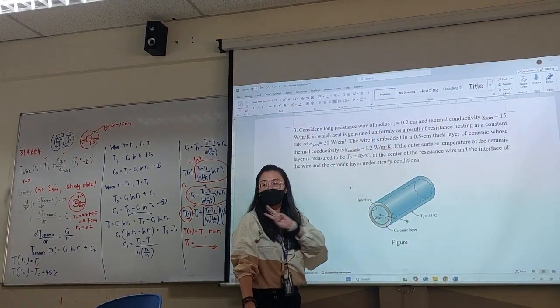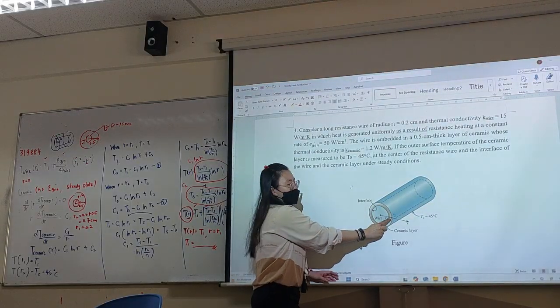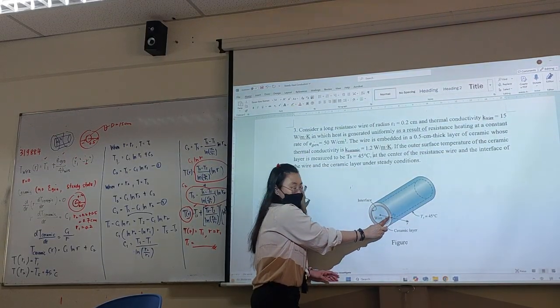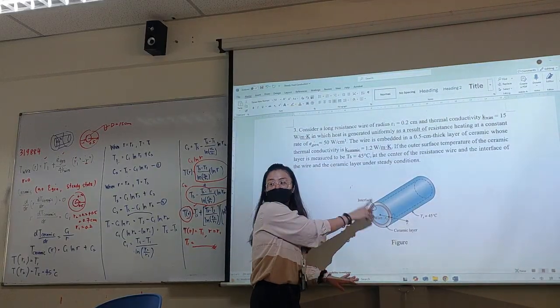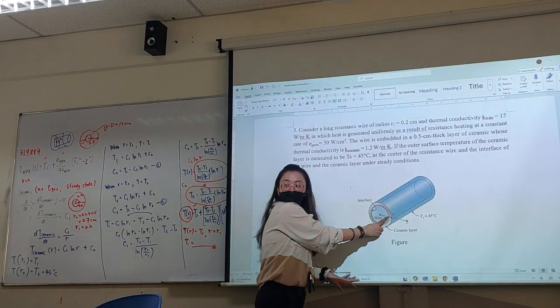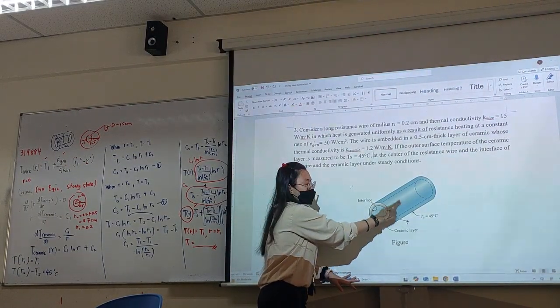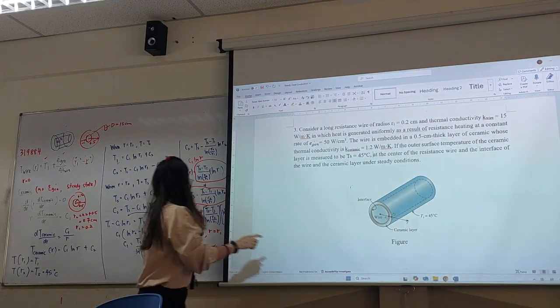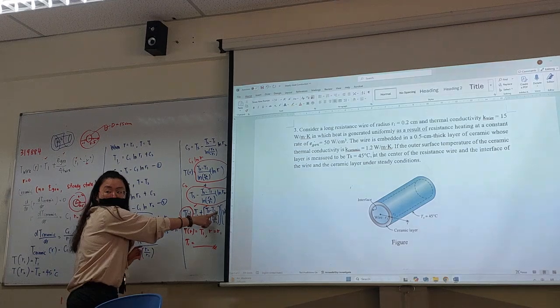Either you use the wire equation to find T1, but the center temperature you don't know, so you cannot use the wire equation to get T1. So you need to use the second equation to get your T1, because the surface temperature you know already. So you can find T1.